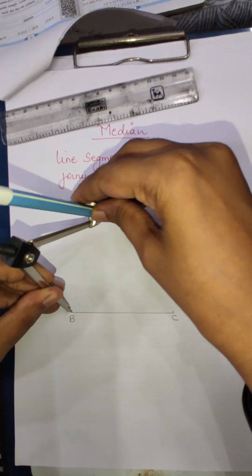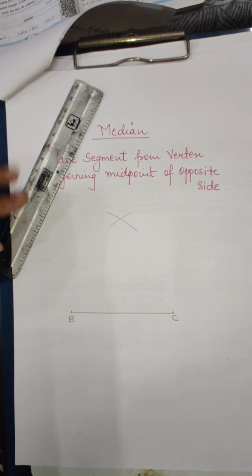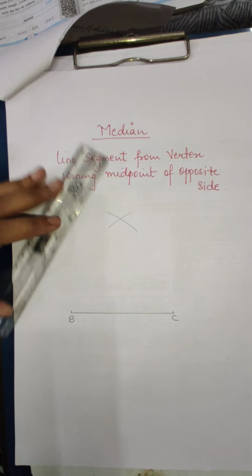Make an arc from B and from point C. Name it as A. Join AB. Join AC. Now again same: for vertex A, the side is BC. For vertex B, side is AC. For vertex C, the side is AB.